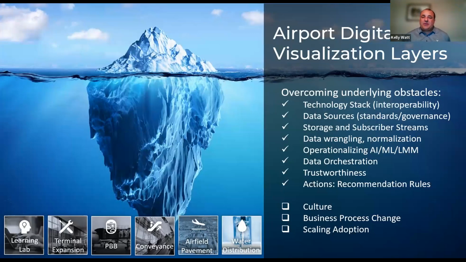So it's beyond just having the stack. It's how are these going to talk to each other, and beyond just the stack, it's a lot about the people and the process. How are we going to get people and process to work with this data in new ways? So for the projects that we're currently working on, at the bottom here, we have an isolated learning lab area where we're going to experiment with various technologies and integrations and automations so that we can game out how we best feel we're going to be able to execute.